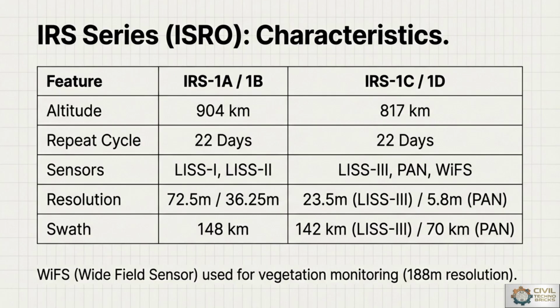The PAN sensors provide high spatial resolution while the WiFS offers wide area vegetation monitoring. With reference to civil engineering purposes, Indian remote sensing sensors are most useful for road alignment marking, groundwater studies and urban planning. Also, we can use them for project monitoring.